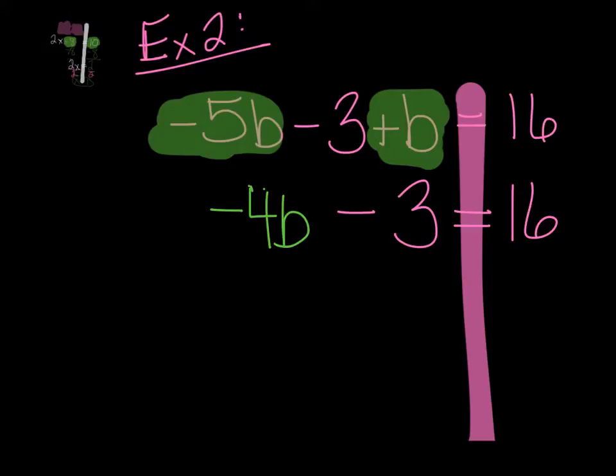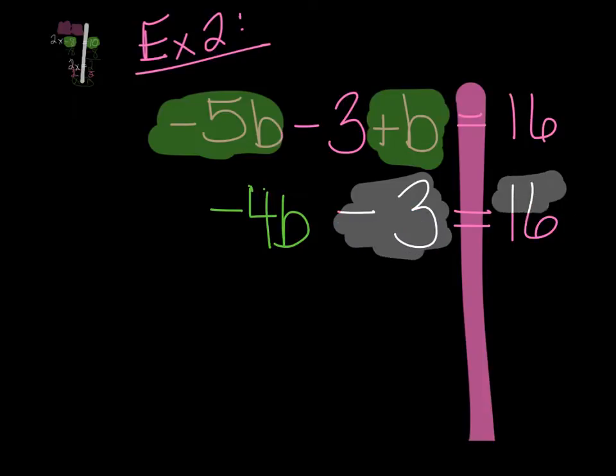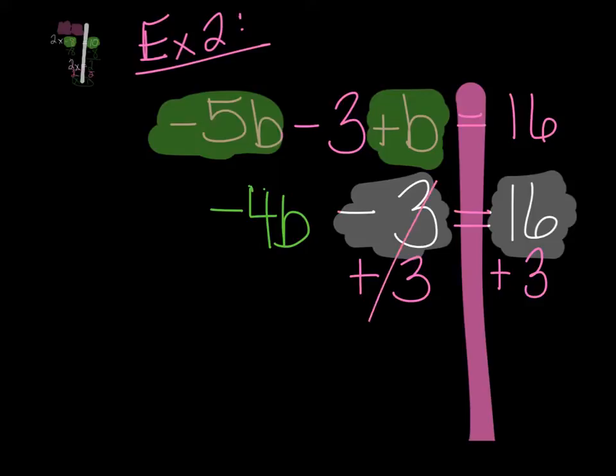But now they're on opposite sides of the equal sign. So in order to combine these two, we would have to take the inverse of this negative 3, which is positive 3. That cancels out. We drop the negative 4b down, and then add 16 plus 3, which is 19.